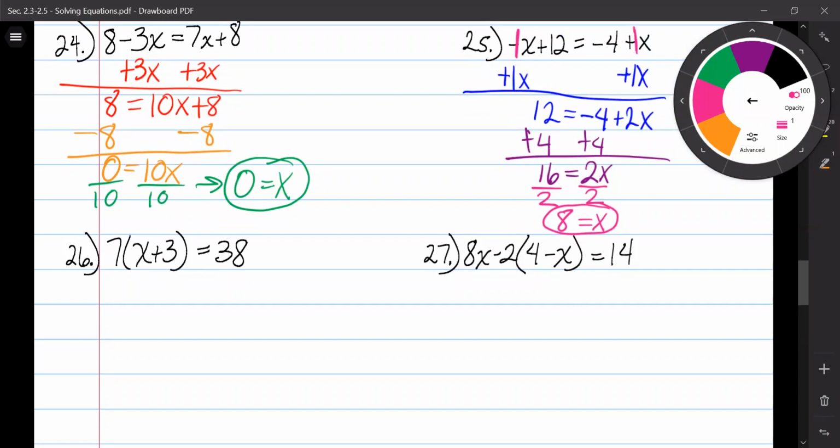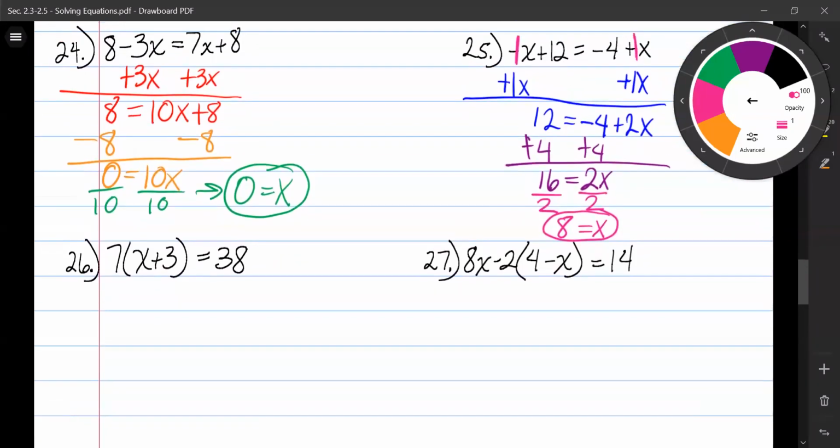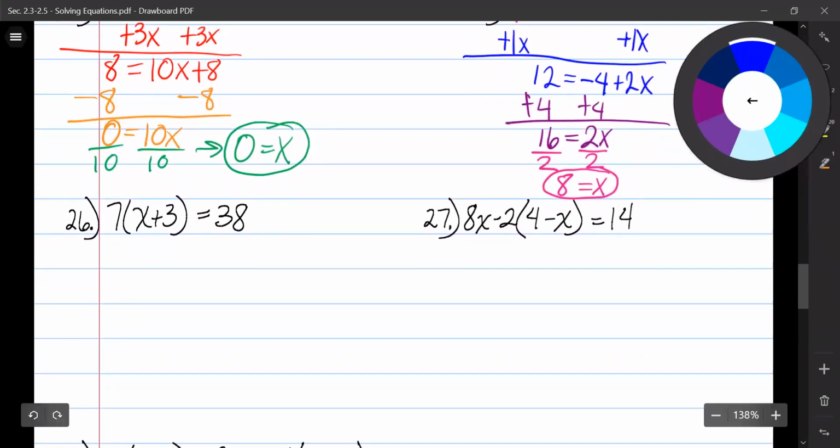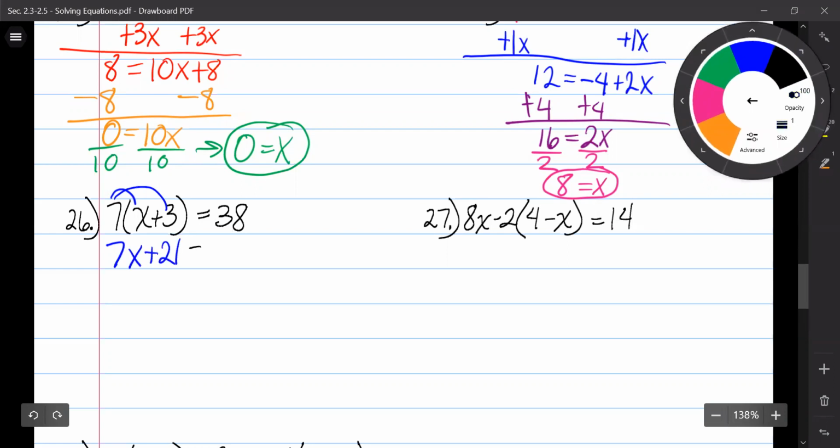All right, on number 26, I need to simplify first by distributing the 7. So then I have 7x plus 21 equals 38.